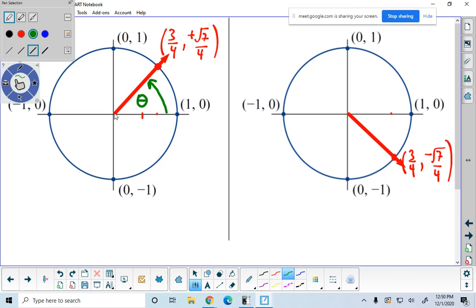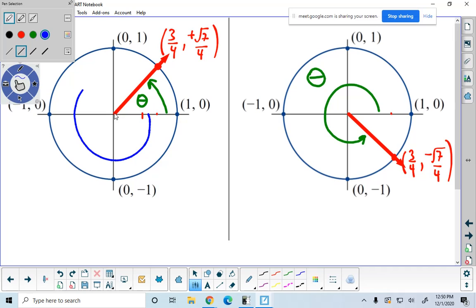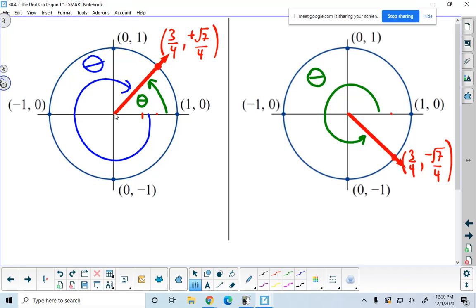We could label that as theta. I'm not saying we want to do what I'm about to do, but if you wanted to, just because you want to be different, you could label this as theta. It's going to be a different angle, but it still has the same terminal point. So it's a coterminal arm.